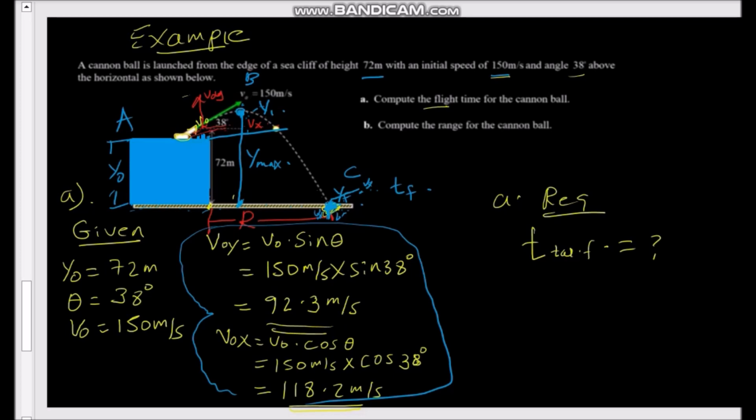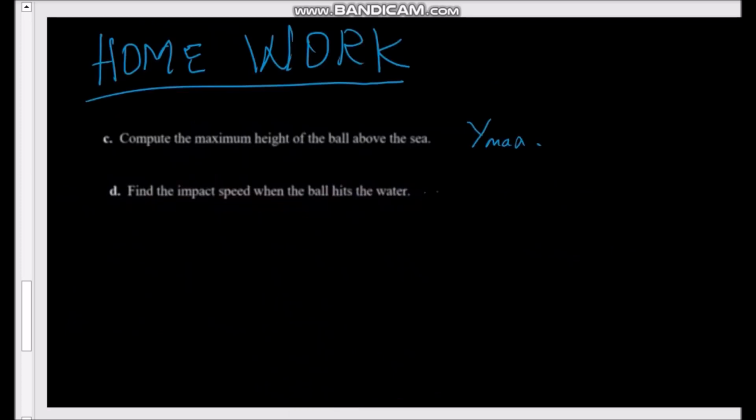You may apply V equal to the square root of the velocity across X squared plus the velocity across Y squared. This is the information, so do it and send me.